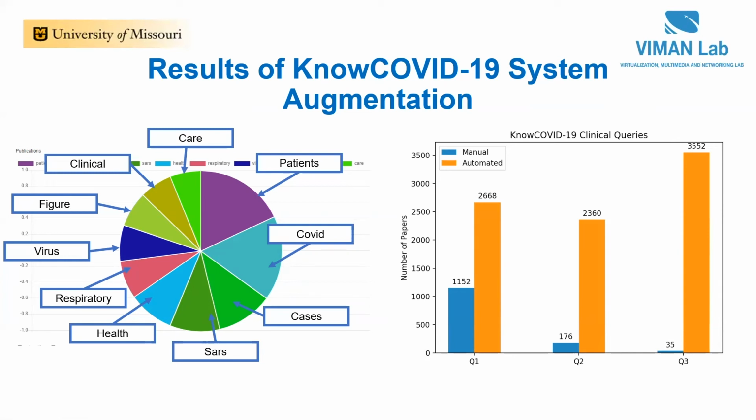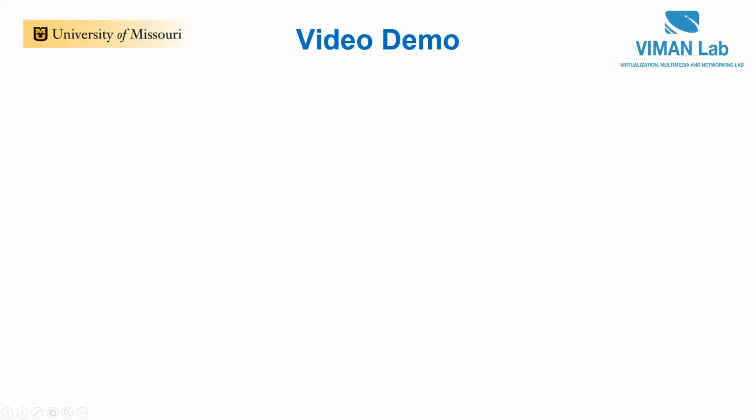We can see that the papers found with the automated process is bigger than the papers found with the manual process. So it will give the scientists the freedom to select the papers that are higher in terms of relevance. Now, we are going to demonstrate how our system works.